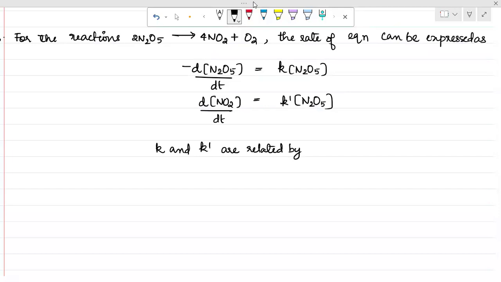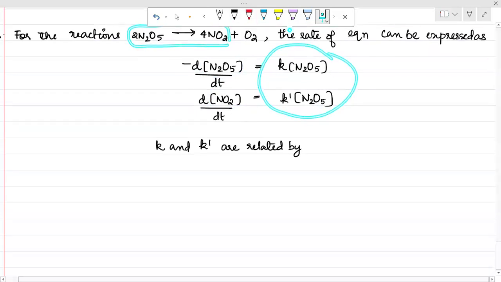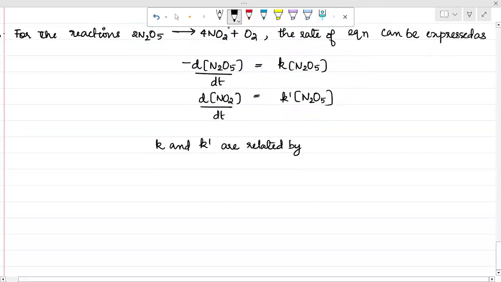I'll give you a hint. They have given some clue based on N2O5 and NO2. So you write the rates of the reaction with respect to these 2 species, substitute these values and try. Try it on your own.